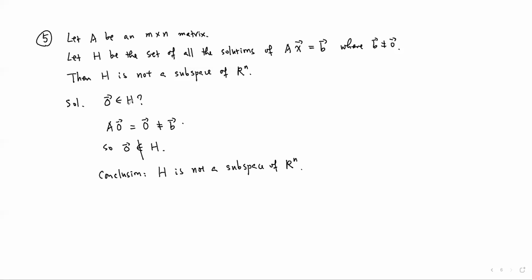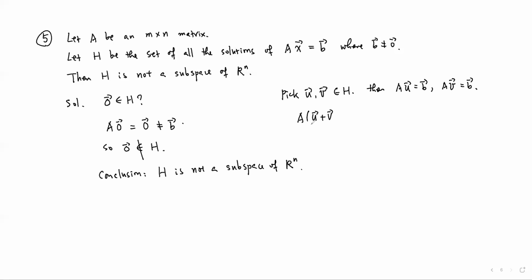Actually, this H is not closed under addition. Pick U and V from H. Then, H is the set of all the solutions, so A times U is B, and A times V is B. Now, let me make a sum. I want to see whether this sum is a solution of this equation.